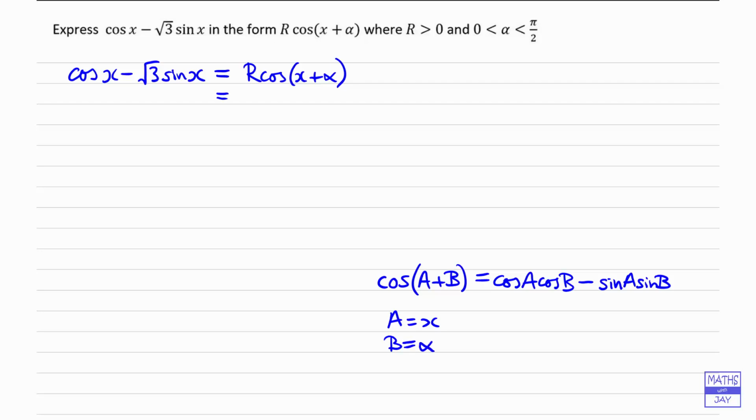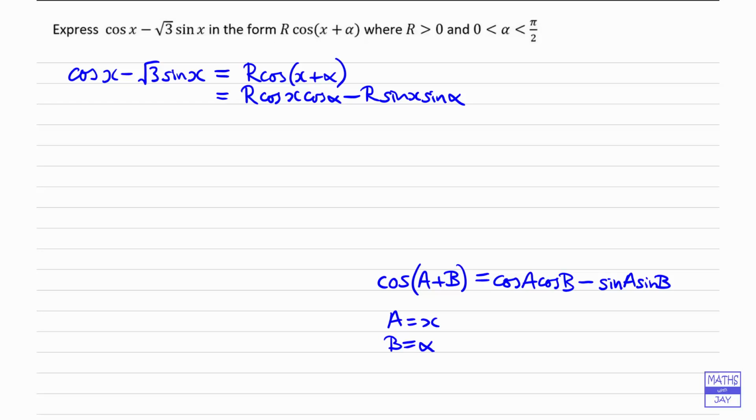So let's do that. We've got r cos x cos alpha minus r sine x sine alpha.